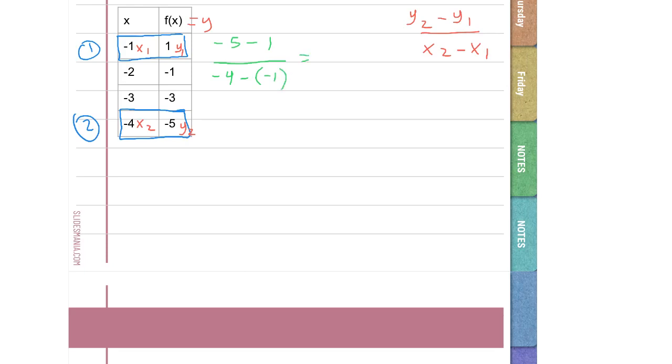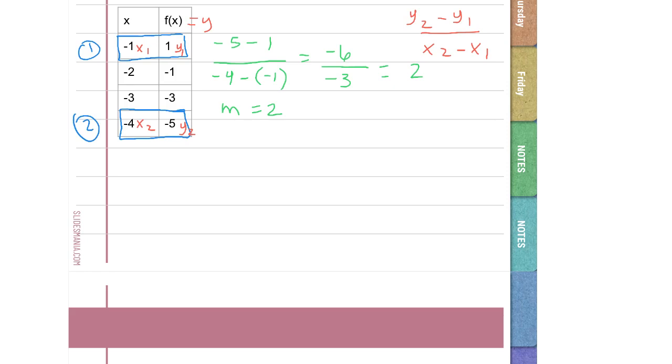So negative 5 minus 1, well, that's going to be negative 6, over negative 4 minus negative 1. Well, that's going to be negative 3. And then we have negative 6 divided by negative 3. Well, that's going to be positive 2. So we get that m is equal to 2.